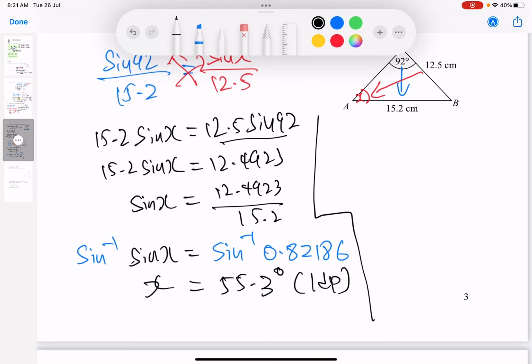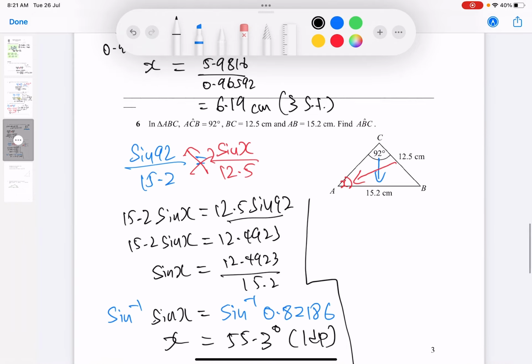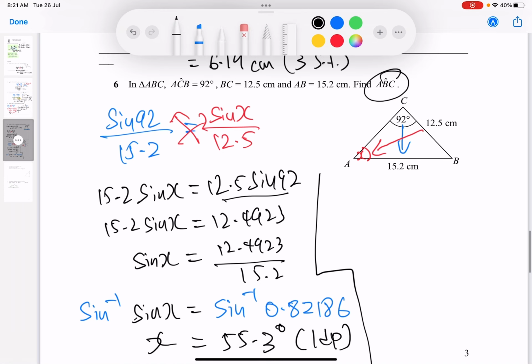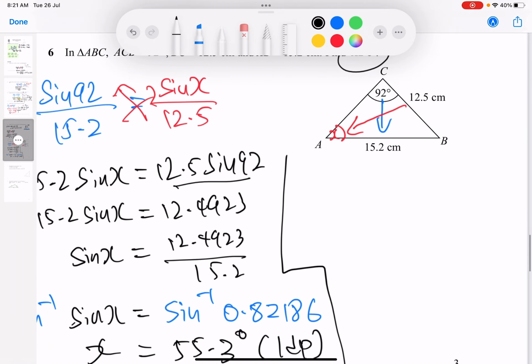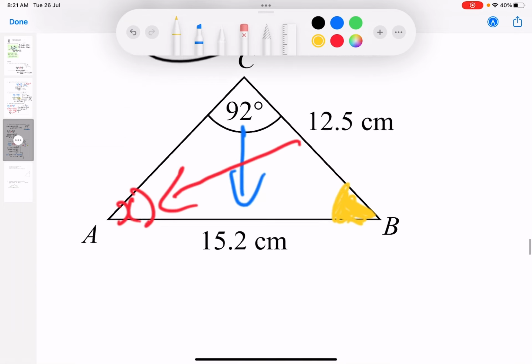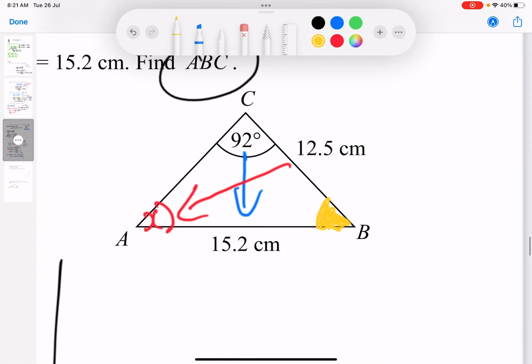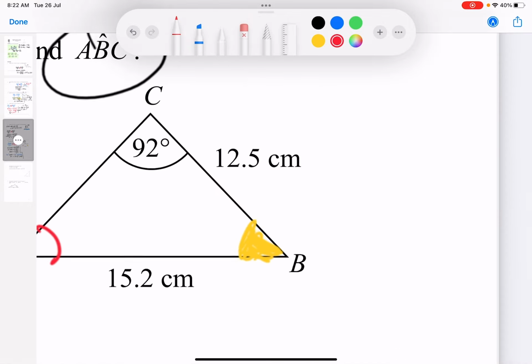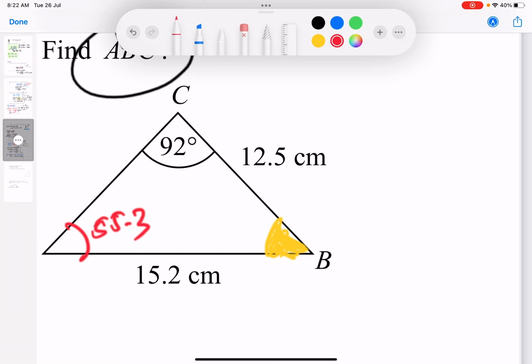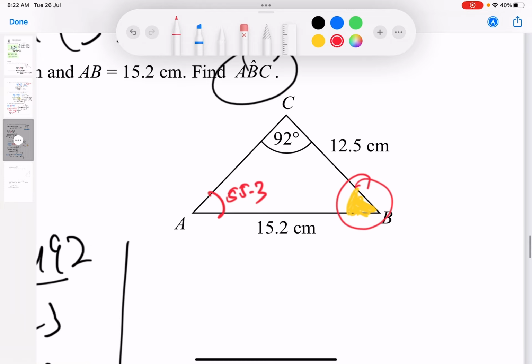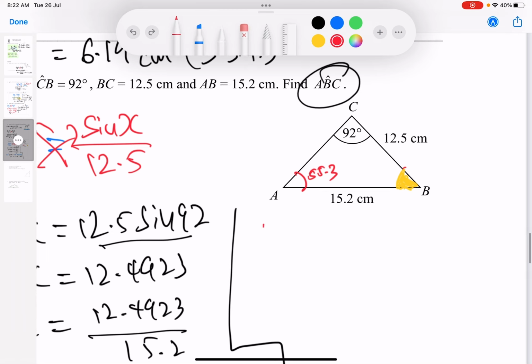Now, x is 55.3, but that shouldn't be your final answer, right? Because if you read this question, they want you to find out what is ABC. ABC is actually this angle over here, the one that I highlighted in yellow. So if you know that this angle over here is 55.3, are you able to find this yellow angle already? Can, right?